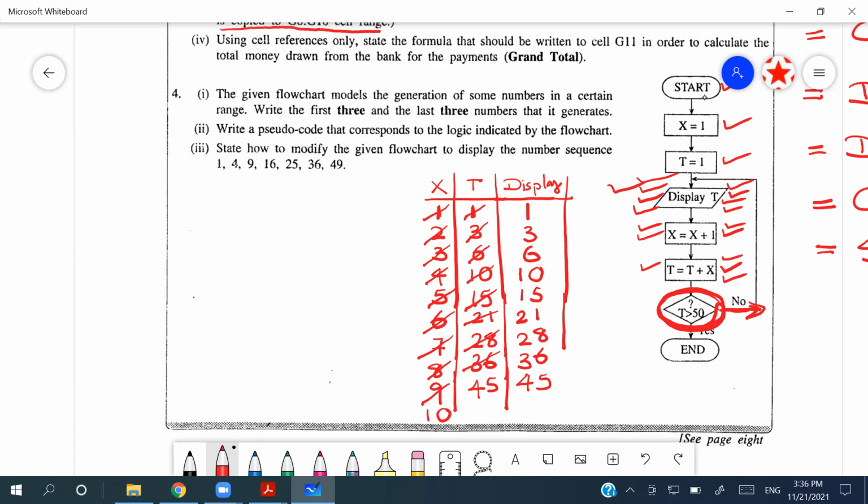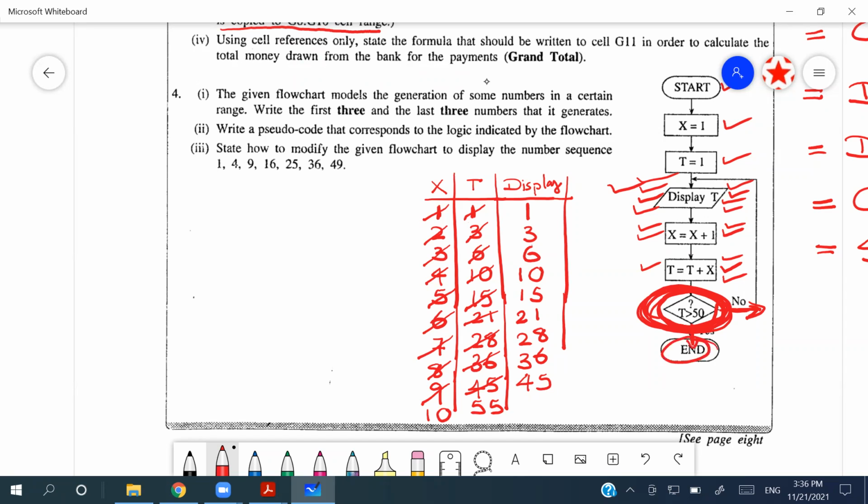And again, x will be increased, 9 will become 10. x is increased by 1. So t will be added to x, 45 plus 10, it is 55. And now this condition is going to be the yes path, because now t is larger than 50.